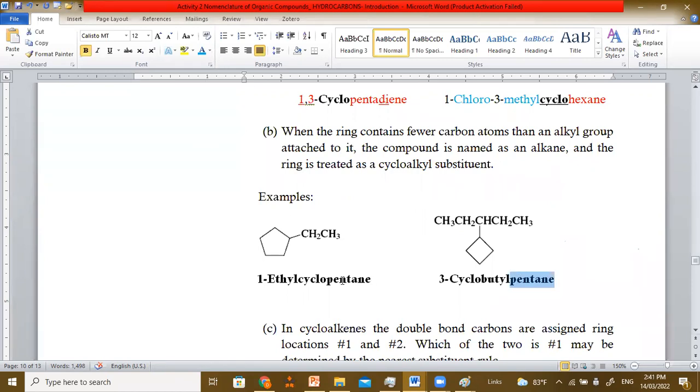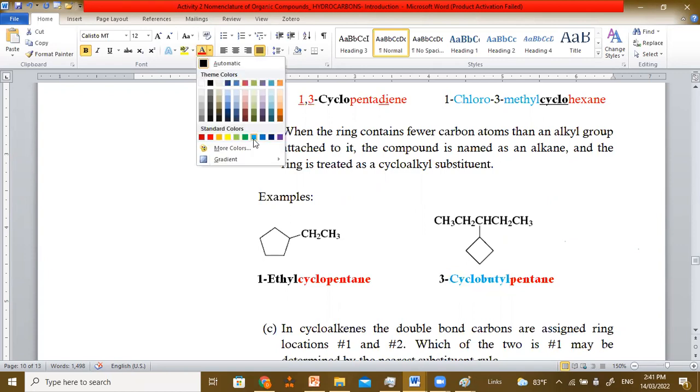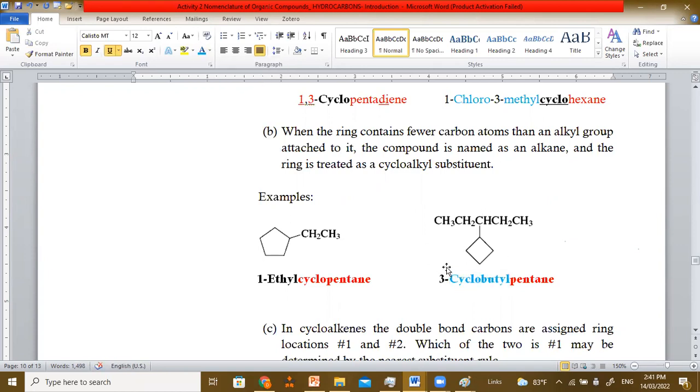Red, pentane. Without a cyclo, and the one that is a substituent is our cyclic one. So 1, 2, 3, 4, which is cyclic, so you call this one a cyclobutyl. Okay, and cyclobutyl is located on carbon 3.